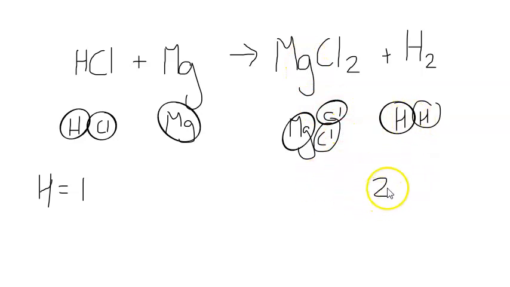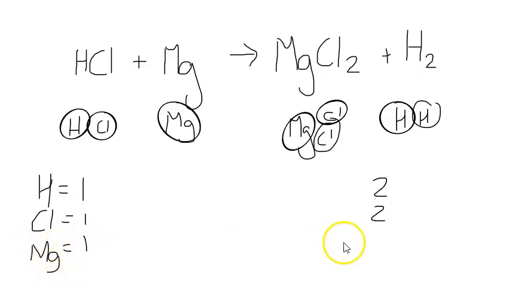So we need to somehow make 2 hydrogen atoms on this side. The number of chlorine atoms on this side is 1, and on this side we've got 2, so we need to sort that out. Magnesium though, we've got 1 on this side and 1 on that side, so the magnesium part of it is fine.